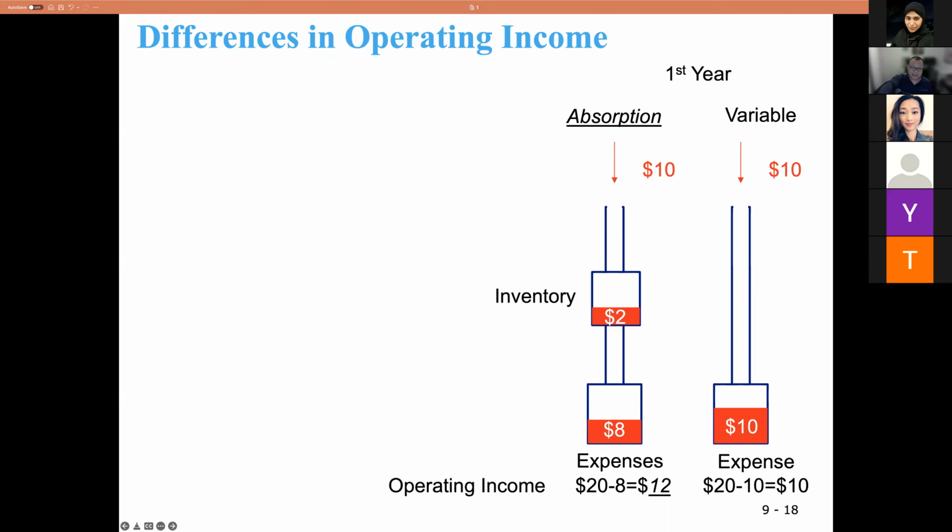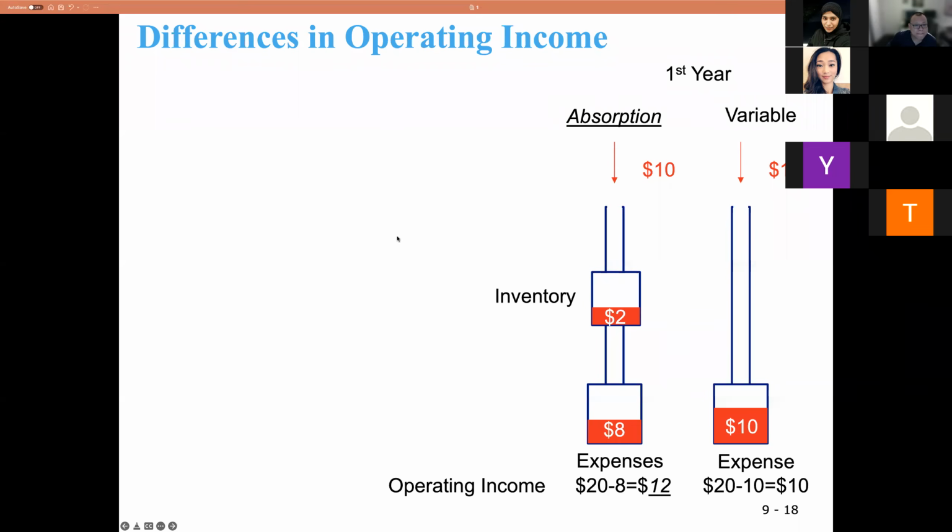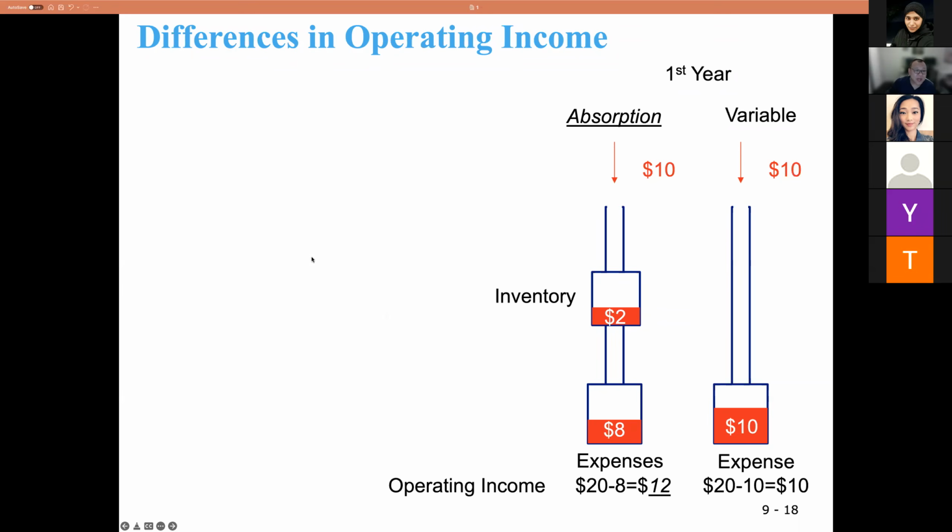For this slide, does this picture make sense? Okay, very good. So now I will give you a formula.